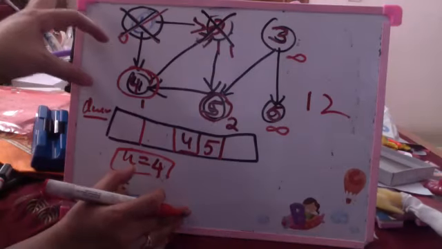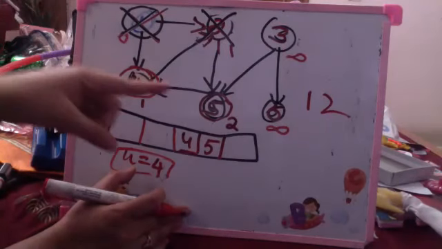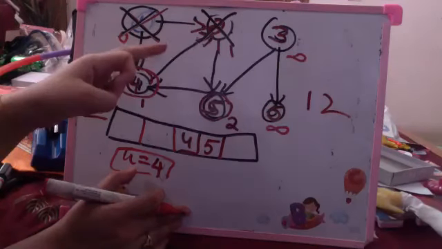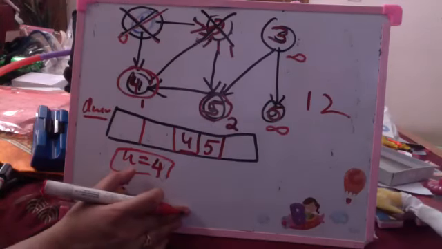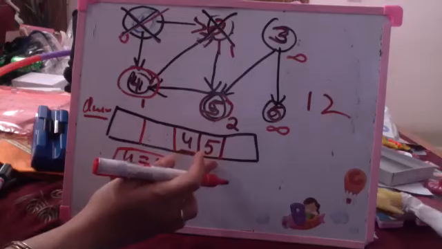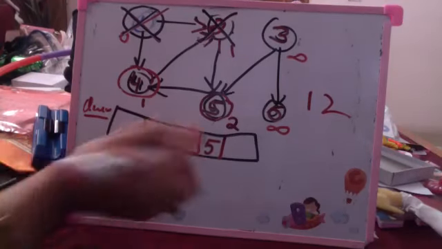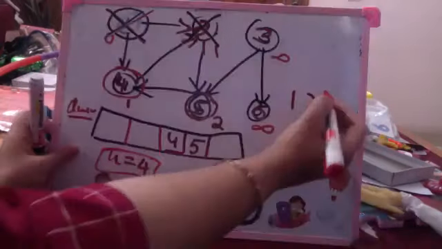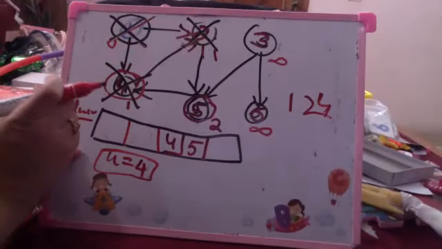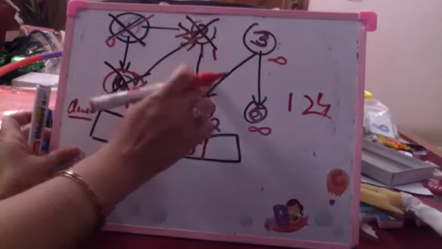There is no other node adjacent to 4 which has not been covered. Only 2 is adjacent to 4 and it has already been covered. Yes or no? Yes, ma'am. So I will not be inserting anything else in the queue. I print the node. There are no other calculations going on. And I color the node as black, covered.